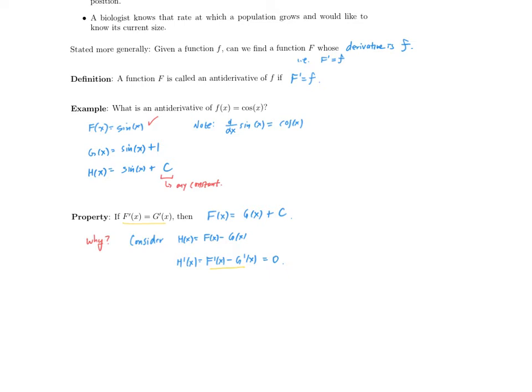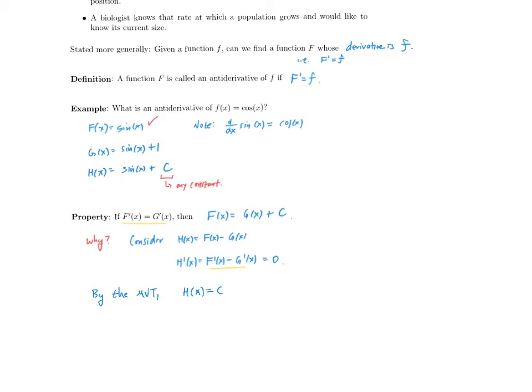And earlier this semester we encountered something called the mean value theorem. And the mean value theorem told us that if the derivative of a function is ever equal to 0, the function itself must be a constant. So I'll just note, more or less for fun here, that by the mean value theorem, we must have that h of x is equal to a constant.